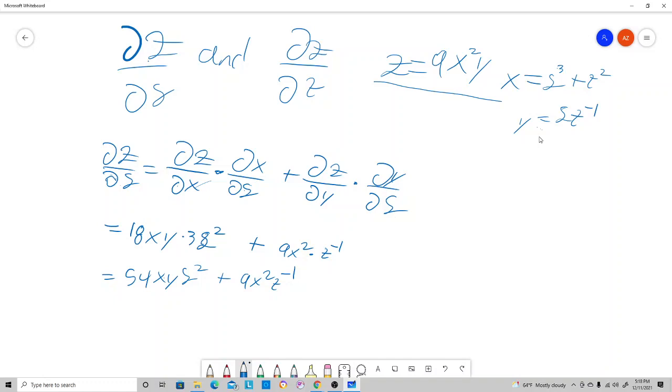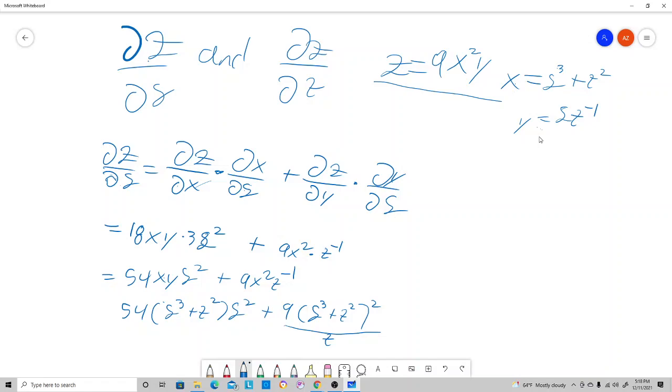We can do this because these functions are already defined for us. So we have 54 times s to the third plus t to the second, s squared plus 9, the x squared, where x is s to the third plus t to the second, all squared, all over t.